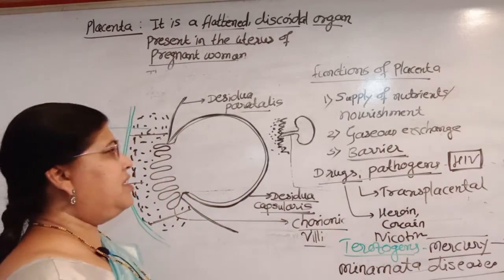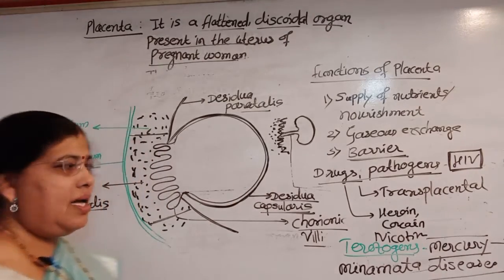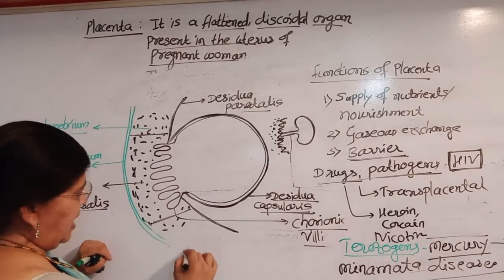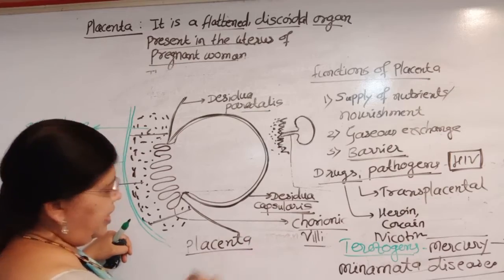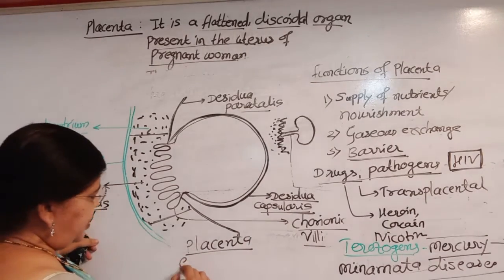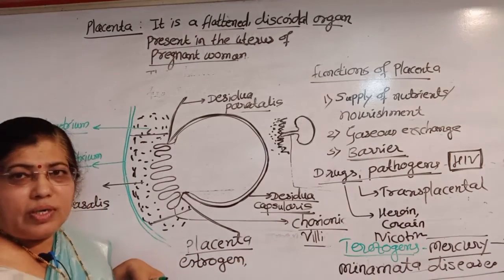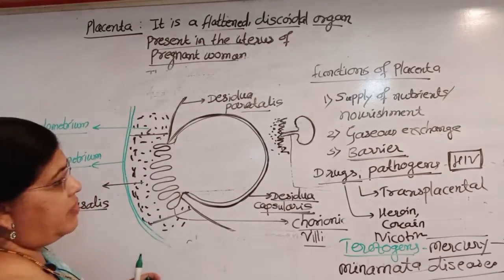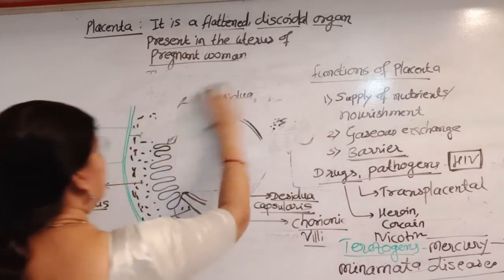Then next point, that is the next function of placenta. Placenta acts as an endocrine structure. So placenta secretes some hormones, and those hormones are estrogen, progesterone.